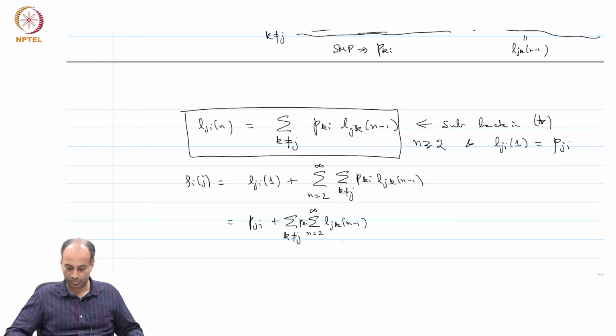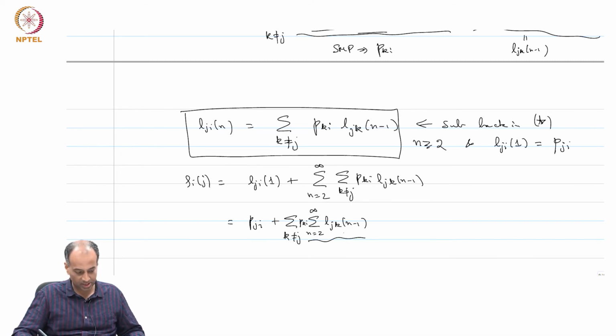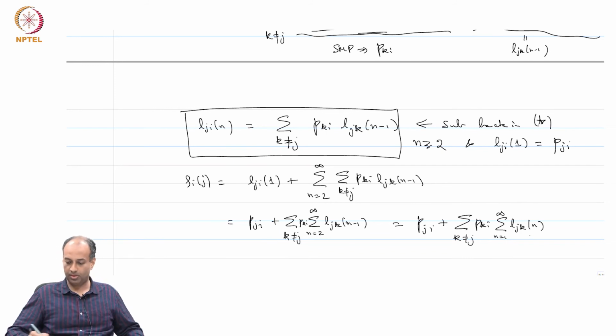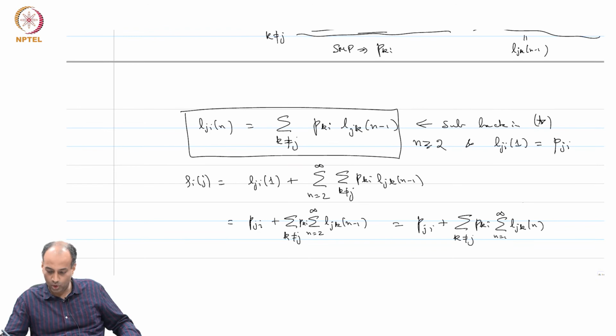Let me write one more step: P_ji plus the sum over k not equal to j of p_ki times the sum over n equals 1 to infinity of L_jk of n.